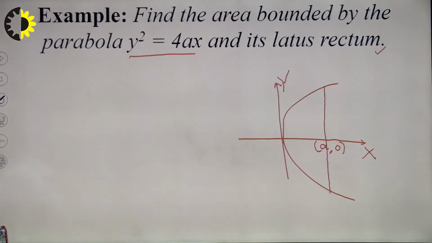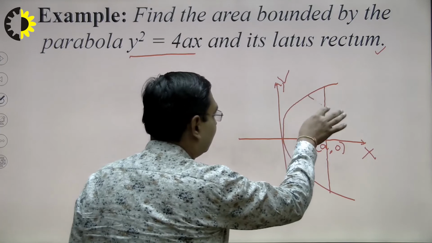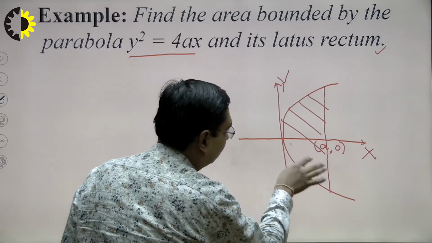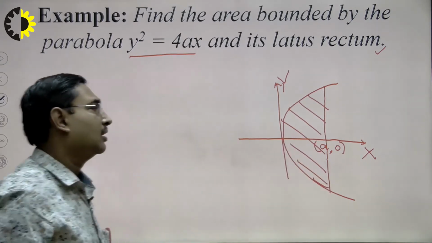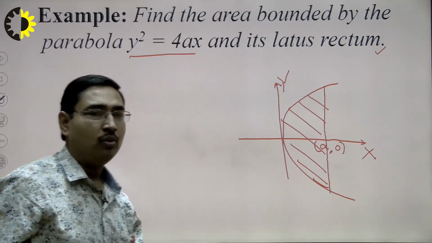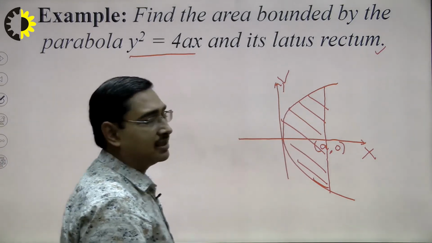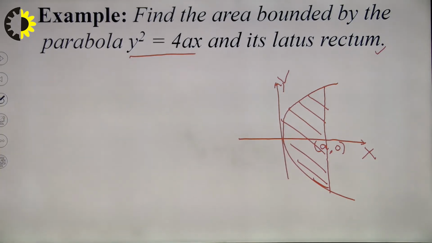The area bounded by the parabola and its latus rectum will be this area. This area is bounded by the latus rectum and the parabola, and we want to calculate this area using double integration.